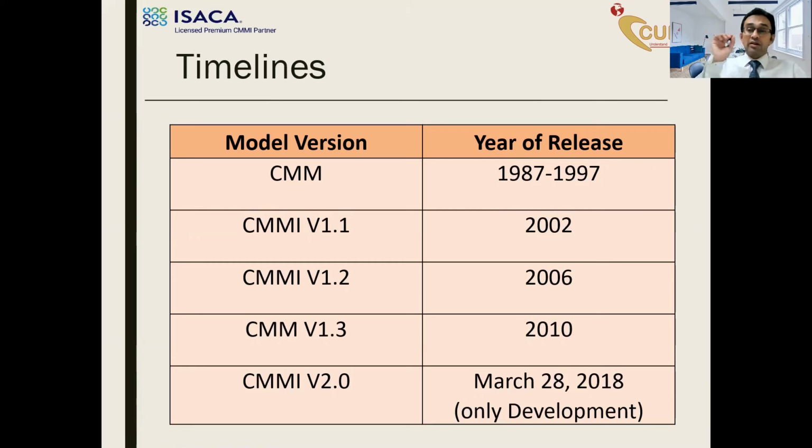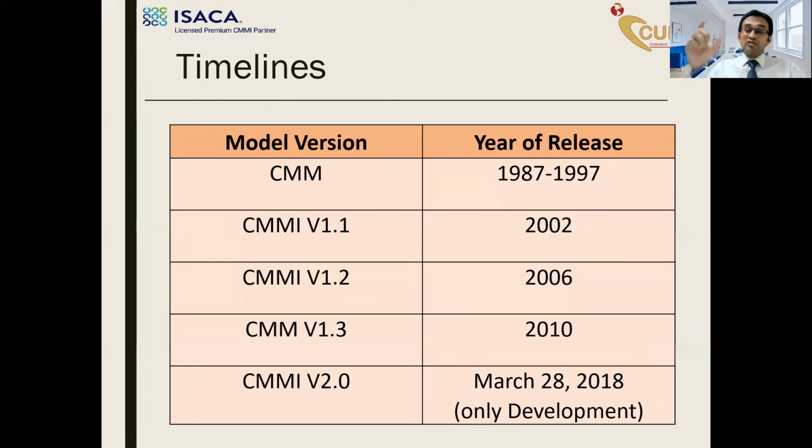The first instance of CMMI, as we know it, with the I, the integration part, came out in 2002. You can see that CMM was quite a robust and successful model. Even today, the basics of everything that we see, whether it is 2.0 or any version, comes from CMM for sure. So the first version, CMMI 1.1, got released in 2002, followed by version 1.2 in 2006, and then 1.3 in 2010.